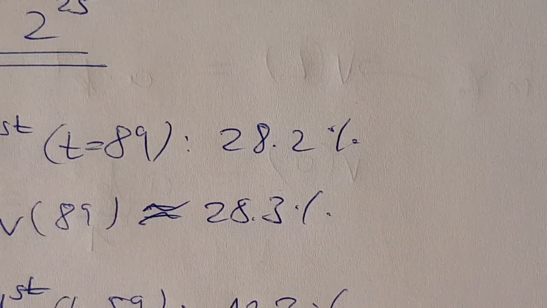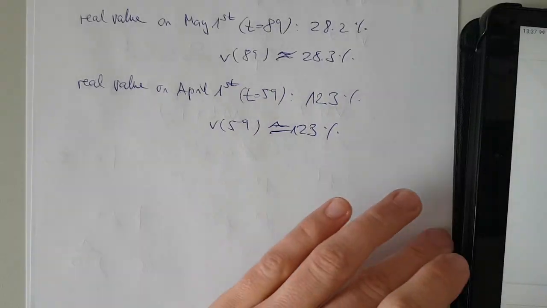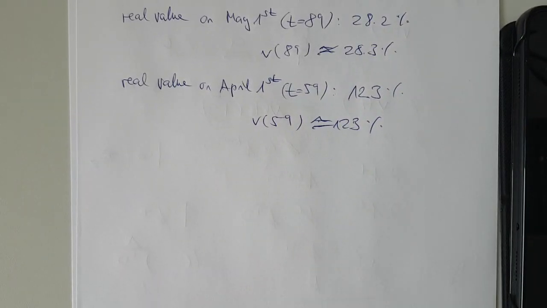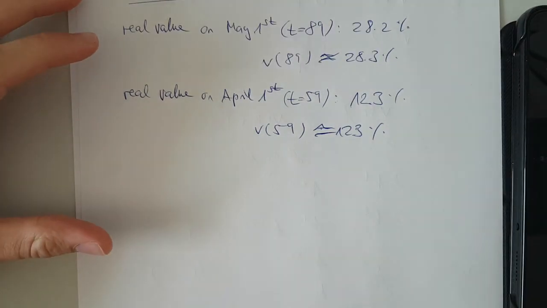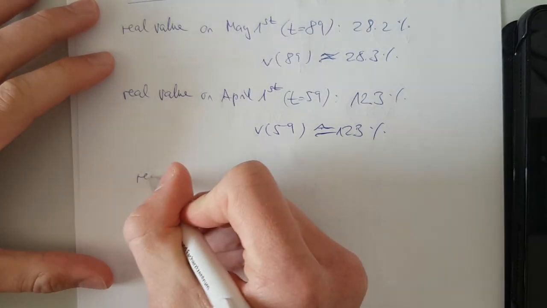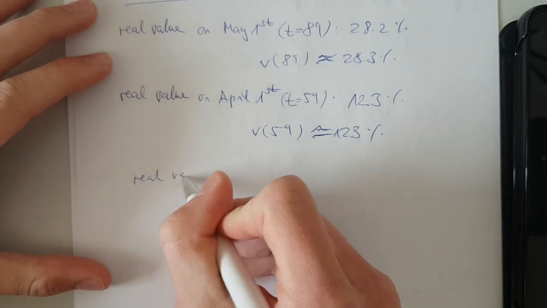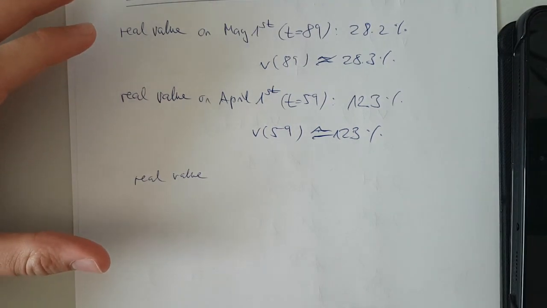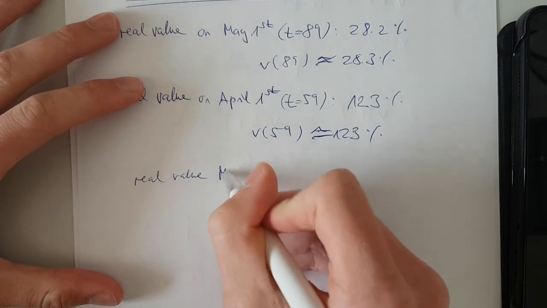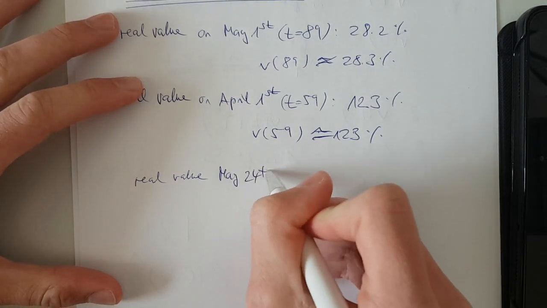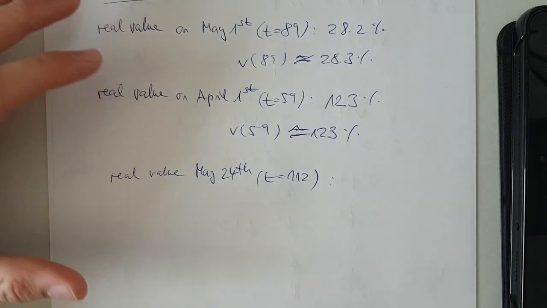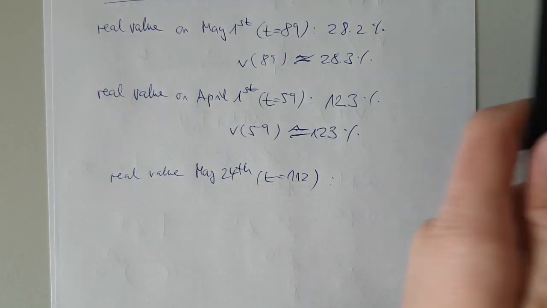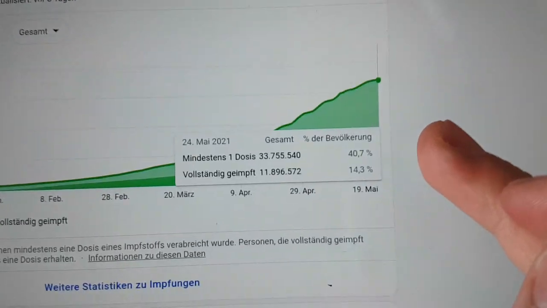To show you that this function doesn't really hold anymore for the end of May, so for the current time, I can prove this to you by plugging in the most current value we've got here. The most current value the statistics give us is May 24th, which is t equal to 112, and this value is 40.7%.